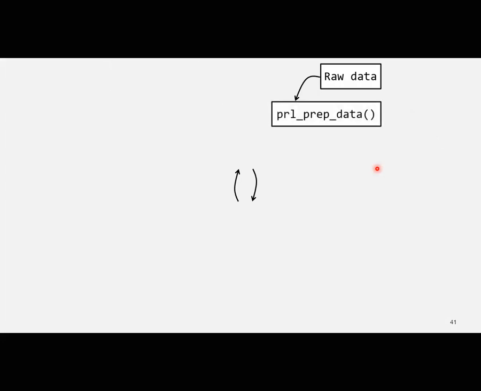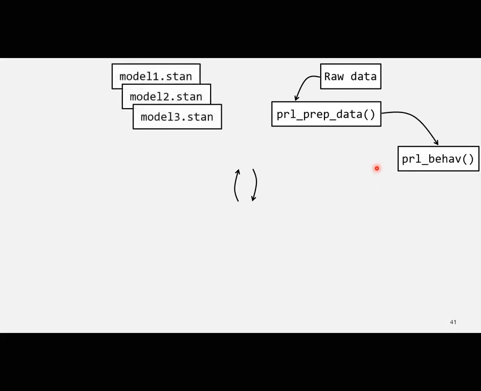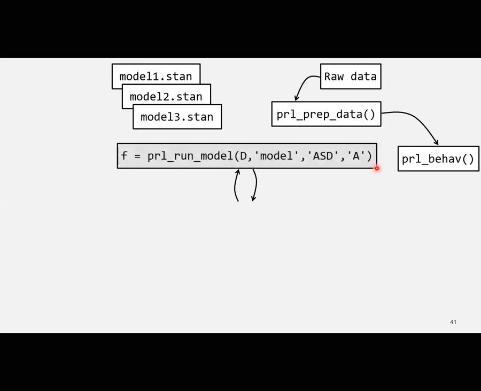I have raw data, and then I prepare my data to remove missing values and also remove some non-compliant behavior I mentioned. Then I analyze the behavior, for example the accuracy and the win-stay lose-shift, model-free analysis. And then I want to fit models to the data. For instance, I have three models, model 1, 2, 3, as Stan files.